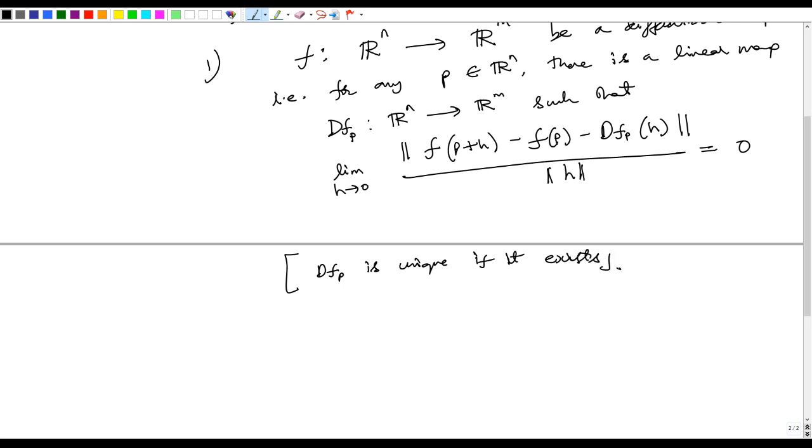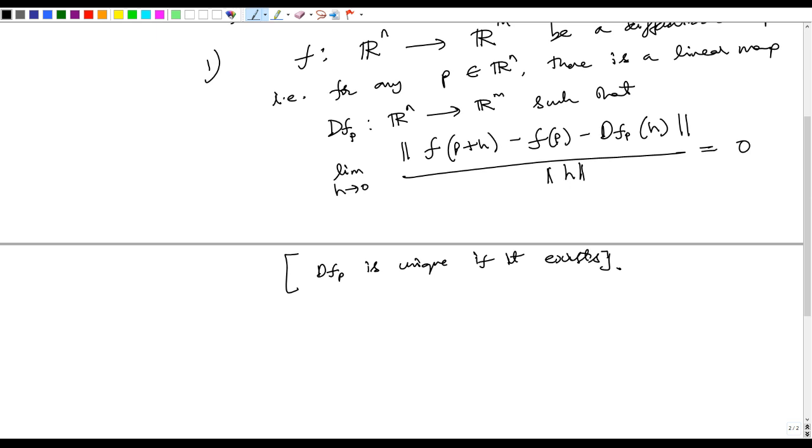We saw all this in the beginning of the course. Now notice that DF_p by definition is a map from R^n to R^m. And since it's a linear map, we know that every linear map between R^n and R^m can be represented by a matrix.